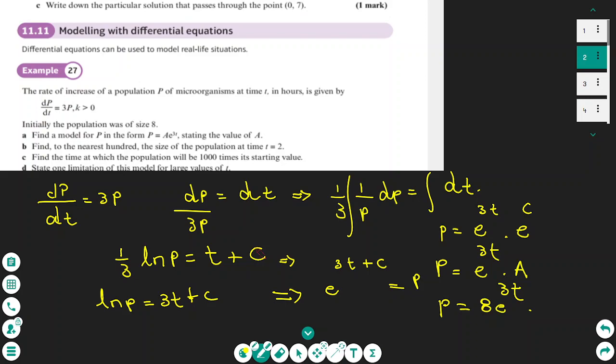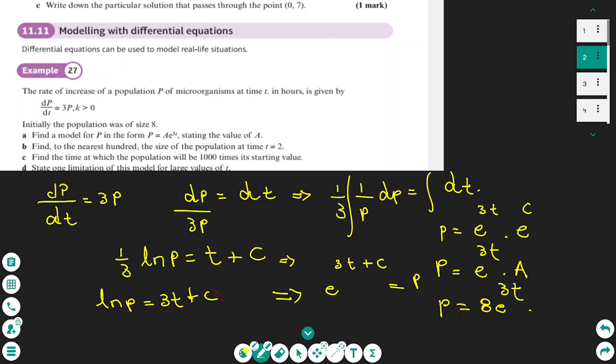Now I have the equation 1/3 ln P = t + c. It's possible to cancel the fraction by multiplying both sides by 3, and this is what I did, giving ln P = 3t + c.